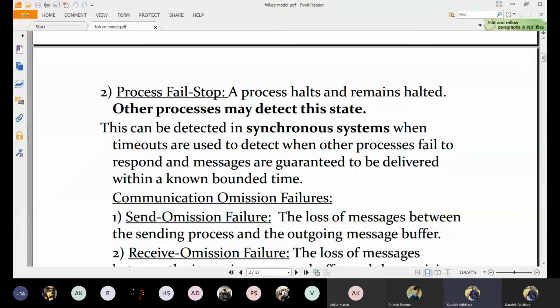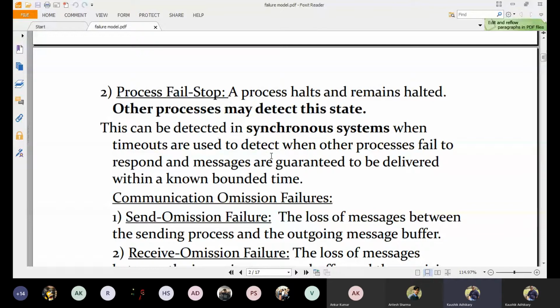This can be detected in synchronous systems when timeouts are used to detect when other processes fail to respond, and messages are guaranteed to be delivered within a known bounded time.